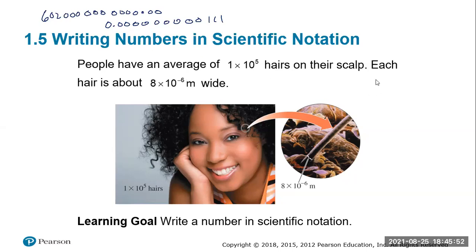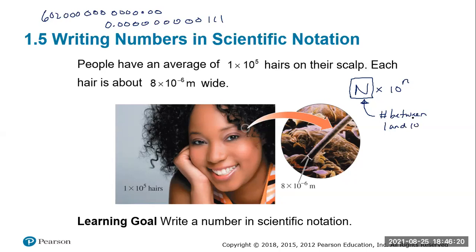So when we have really large or really small numbers, what we like to do is write in scientific notation. Scientific notation has a general formula of N times 10 to the n. This first N is where most people screw up and do not write proper scientific notation. This is a number between 1 and 10.